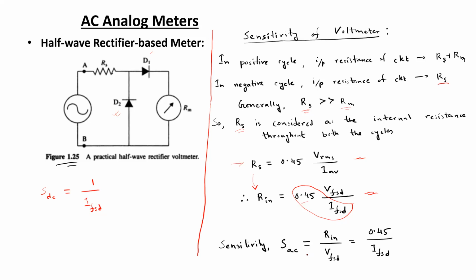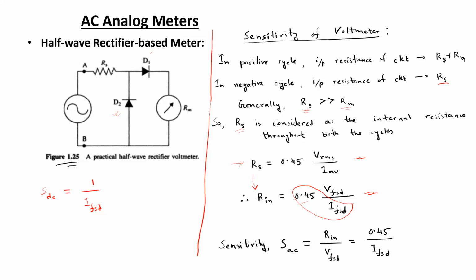So the sensitivity in case of this half-wave rectifier based AC voltmeter is decreasing. It is even lower than half of what we get in case of DC voltmeters, which is also obvious because we are not getting a constant current supply to the PMMC. Rather, we are getting a rectified current through the PMMC.